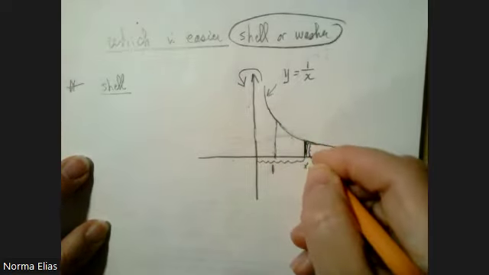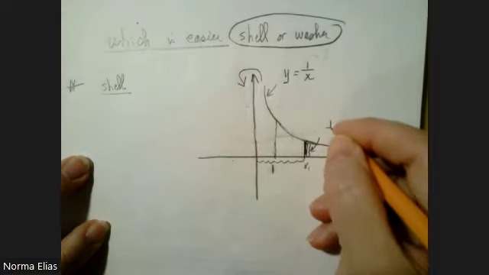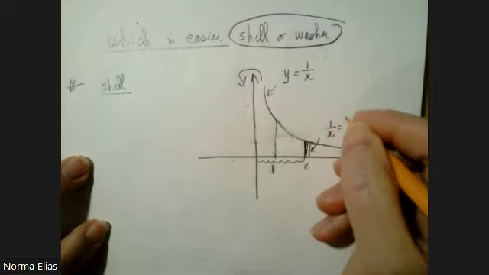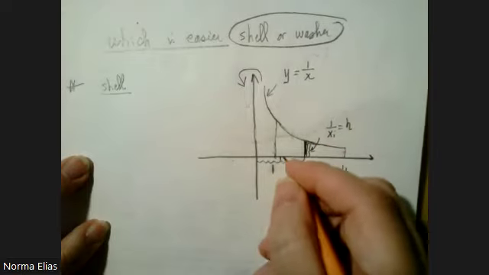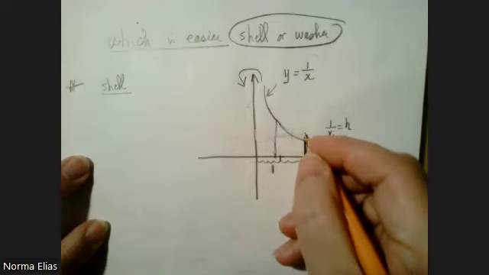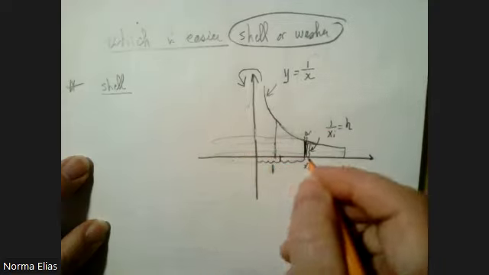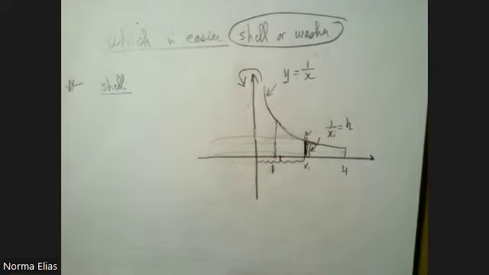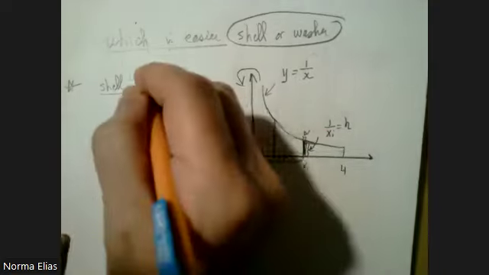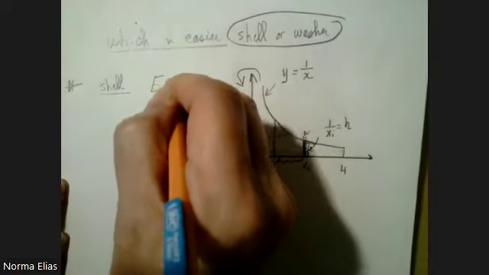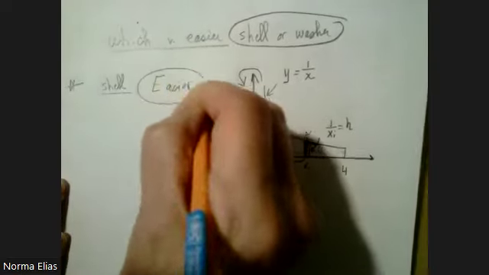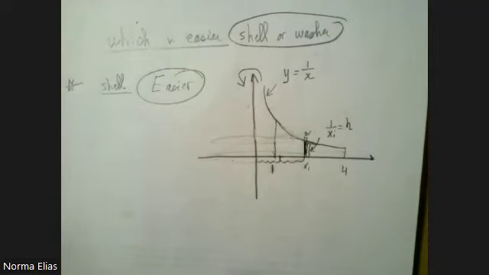The height is 1 over xi, no problem with the height. That's the height, this is my radius, and this is my thickness. So if I rotate this piece, it is definitely much easier. Definitely the shell is much, much easier in this scenario. No comparison.